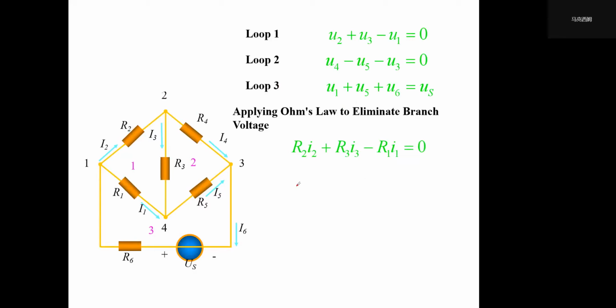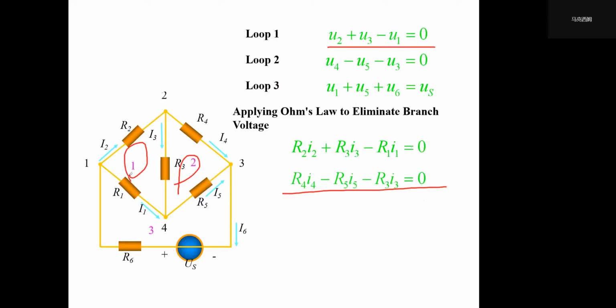So you can see R2I2 plus R3I3 minus R1 times I1. The first loop has been replaced, and likewise the second one and the third one.